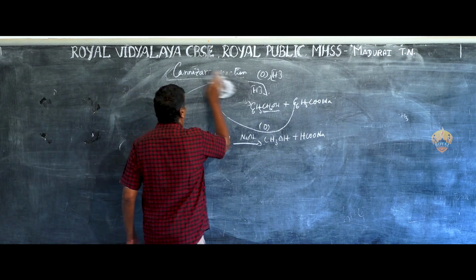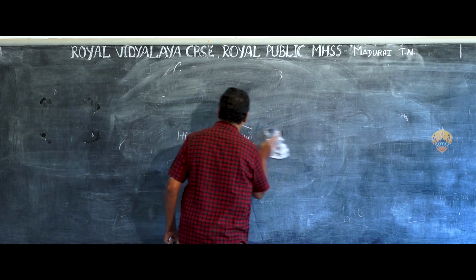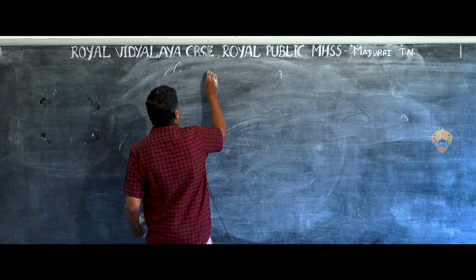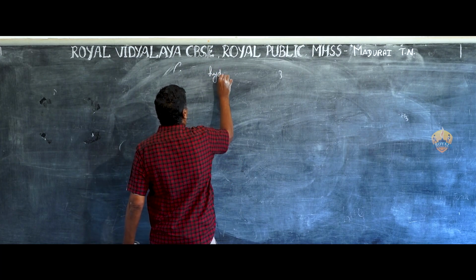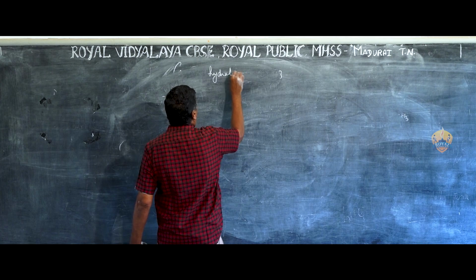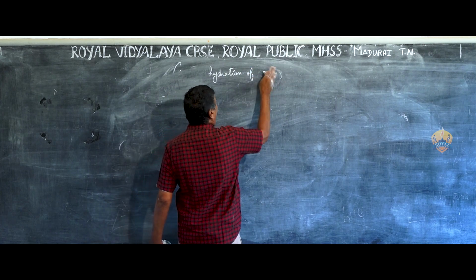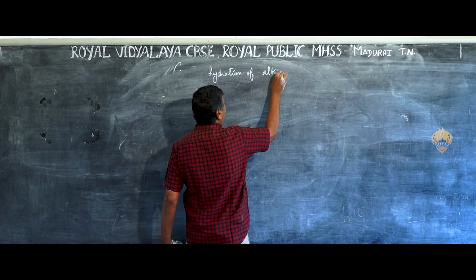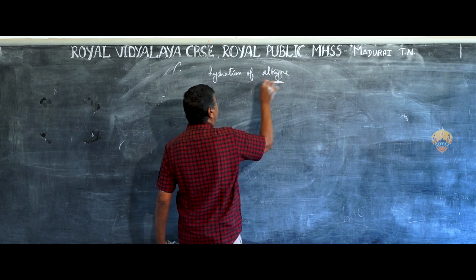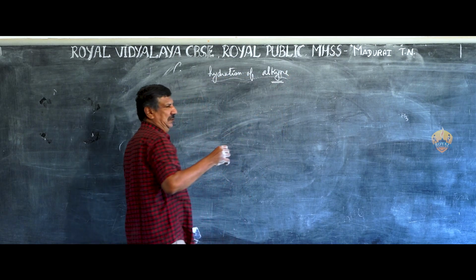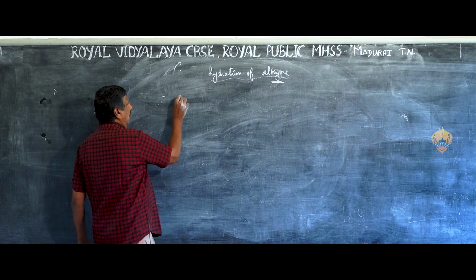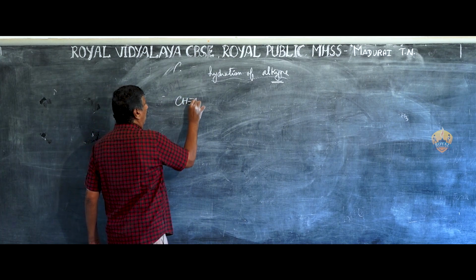Next reaction, hydration of alkynes. Alkynes means triple bond. You see, I am writing a triple bond compound.